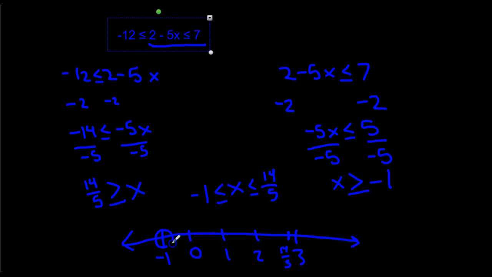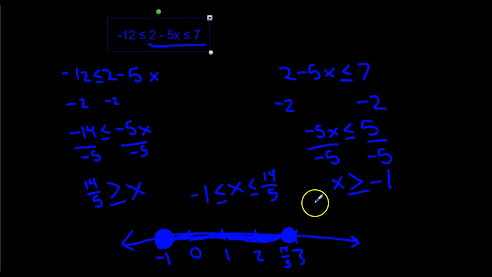So we're going to put one of our endpoints over here, one of our endpoints right here, and I'm filling those in because it could be those. Those are included in the solution set. And since both of these things have to be true, x has to be greater than -1. Well, that's all this stuff. And it also has to be less than 14/5. So I'm going to stop right there.